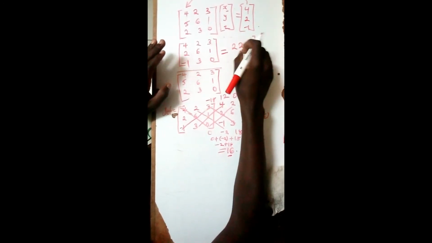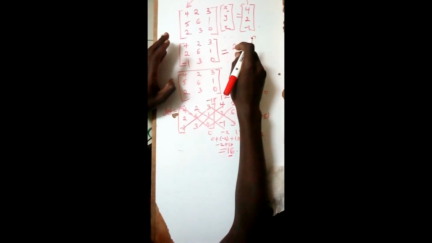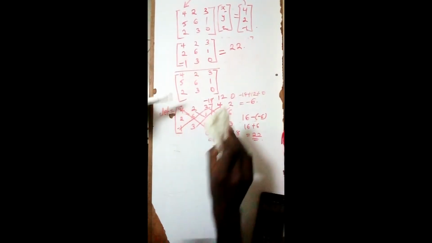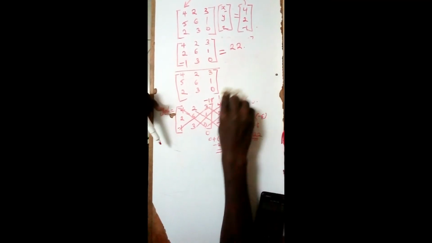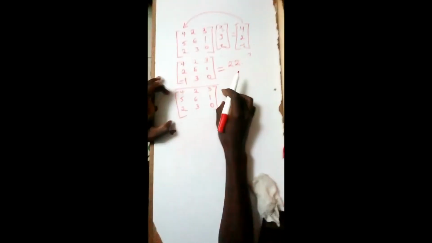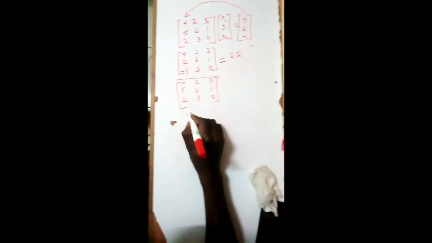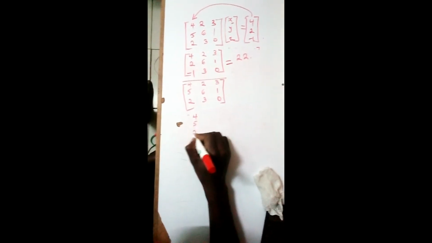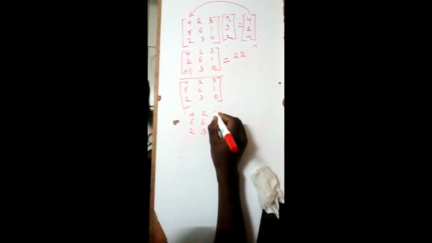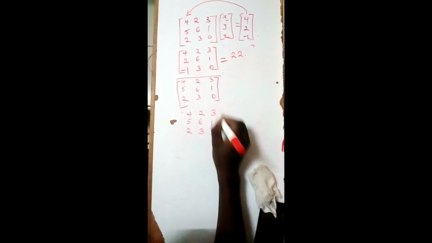So we have gotten the determinant for the numerator matrix. Now we are going to get the determinant of the denominator matrix, which is 4, 5, 2, 2, 6, 3, 3, 1, 0.